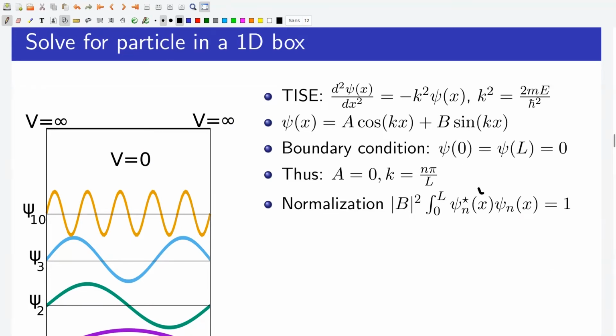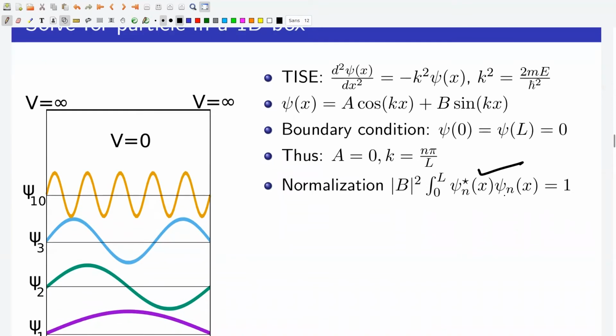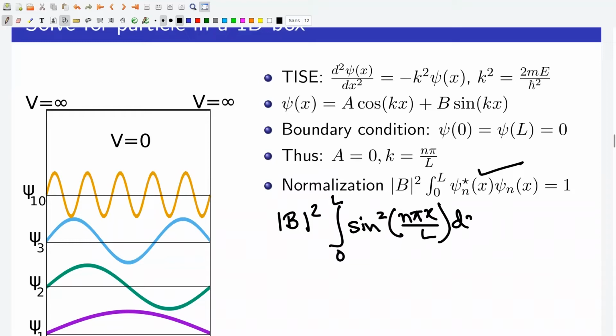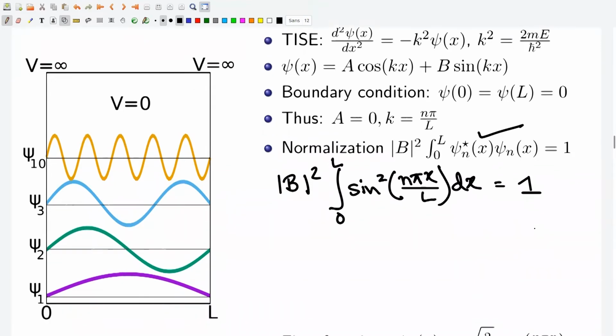That implies that they must satisfy this. So we write the eigenfunctions, and the integral of sine square n pi x by L dx should give us 1.